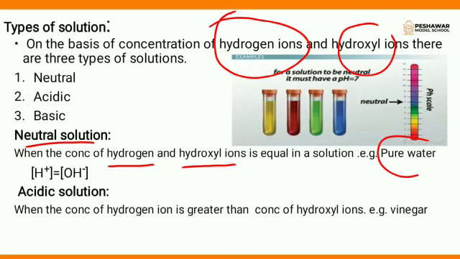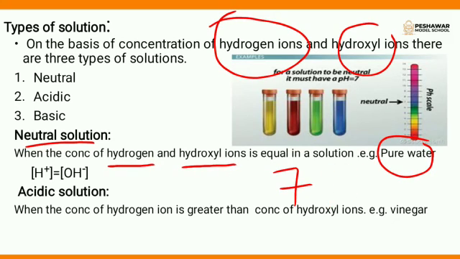For example, pure water has equal concentration of hydrogen and hydroxyl ions. That's why the pH of water is 7.